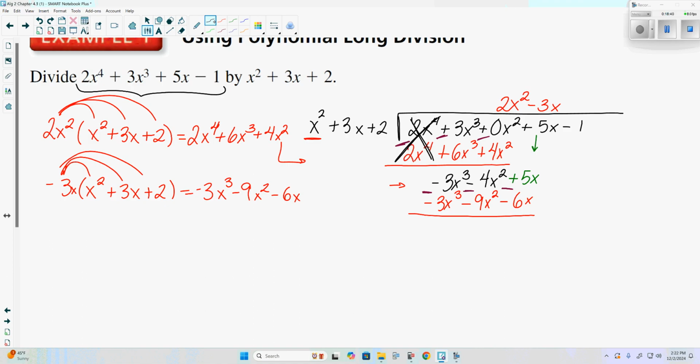Our first thing is going to be negative 3x cubed minus negative 3x cubed. Negative 3 minus negative 3, it's going to be 0, because our negative negative would have made a positive, so negative 3 plus 3, 3 minus 3 is indeed 0, just like we wanted. Negative 4x squared minus negative 9x squared. Well, negative negative would make a plus, telling us negative 4 plus 9, 9 minus 4 is 5x squared.